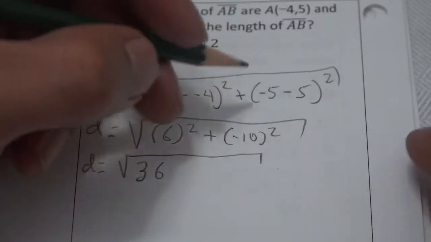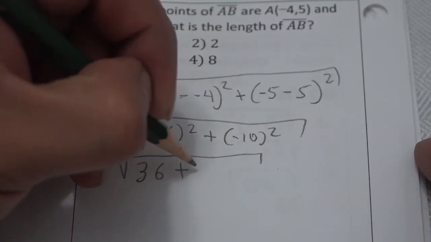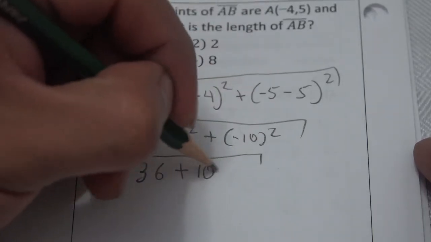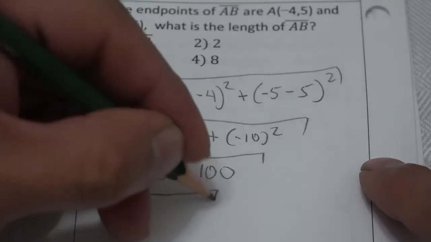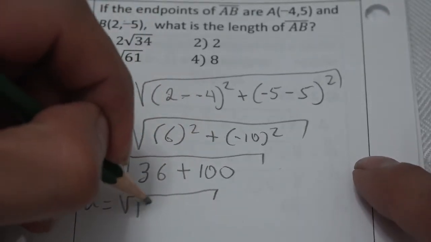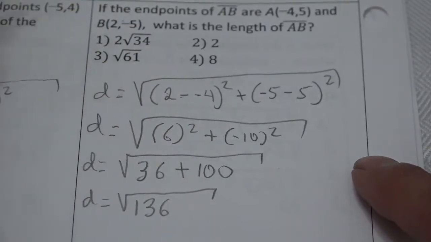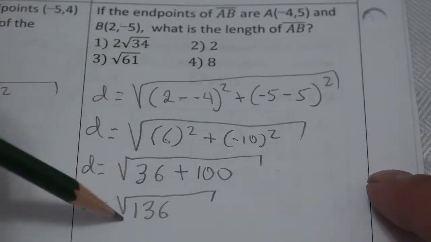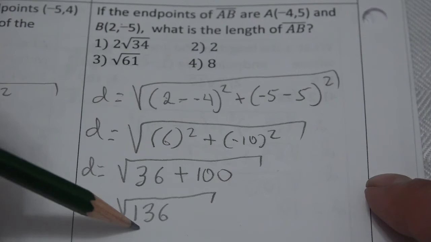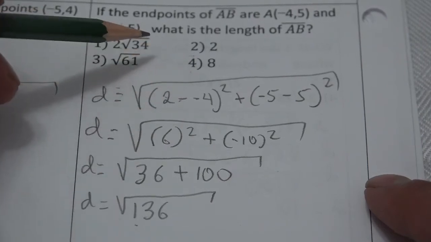So now we're going to add, and negative 10 squared is 100, so we're going to do that. So 36 plus 100 is 136. Now, look at the choices. None of these choices says 136, so either you check with the calculator what number this is, and then check to see which one of these is the number.